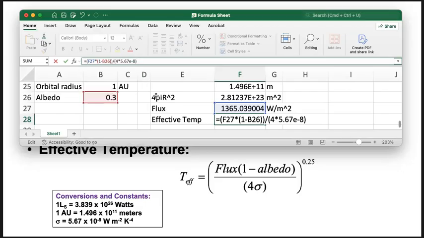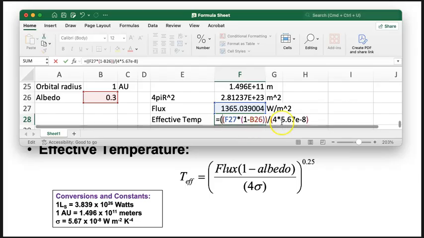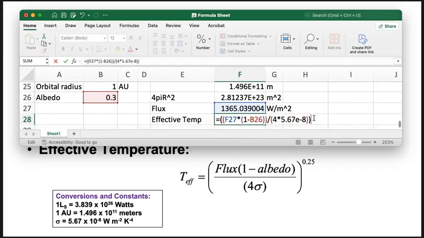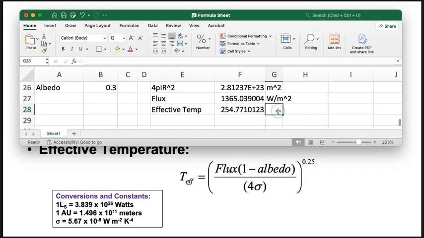Close parenthesis. All right, so I've got my numerator divided by my denominator. Now I just need to wrap that whole thing in parentheses and raise it to the 0.25 power. And okay, that'll give us the effective temperature in Kelvin.